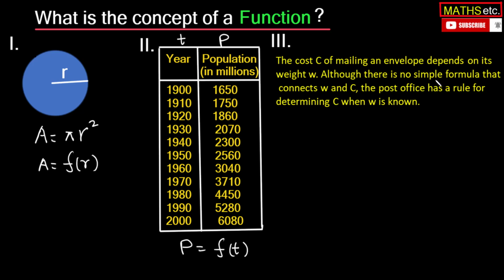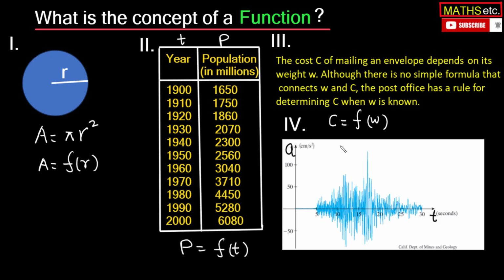Again in this case there is no simple formula as was the case in example 1, but here again we know that the cost quantity depends upon the weight quantity. So we can say cost is a function of weight. For each value of weight of the envelope there will be a corresponding number that will give the cost of mailing.